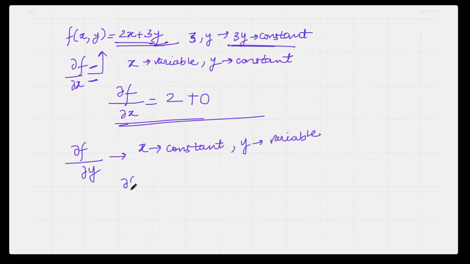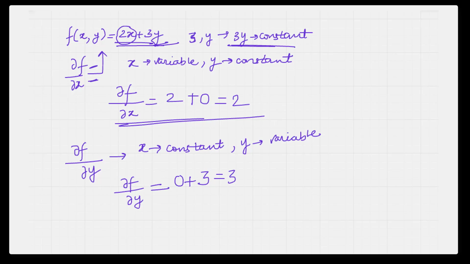So now del f by del y will be: x is constant, 2 is constant, so this term is constant and the derivative of a constant is 0. Plus we know the derivative of 3y is 3. So we got the answer as 3. In this way you can find the partial derivatives of a variable.